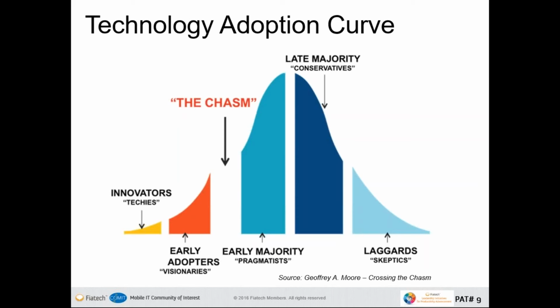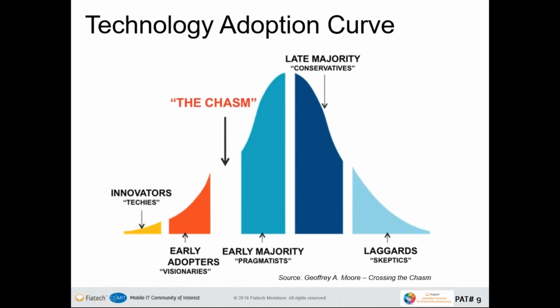Now the late majority, or the conservatives, need a technology product that is very robust. Some of the early majority can withstand some of the bugs or glitches in the system, but the late majority and the laggards really need a robust product that just works all the time, and also doesn't create havoc in their daily process, meaning that doing the work actually takes less time and not more time.